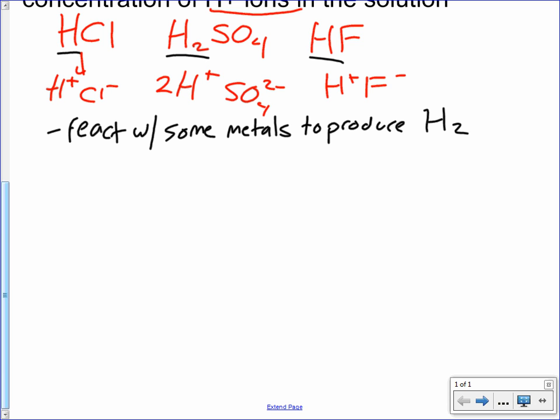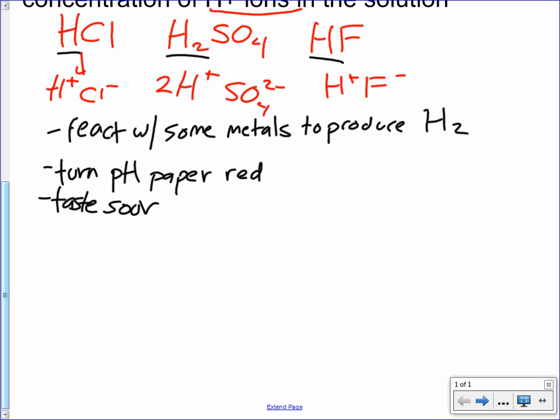If you remember the activity series, whether or not they react depends upon if the metal is higher than hydrogen in the activity series. They turn pH paper red, which we'll talk more about in just a minute, and they taste sour.